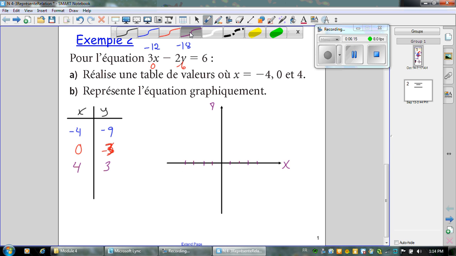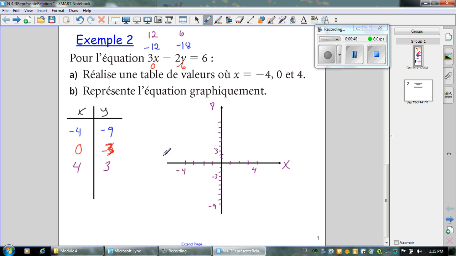And for y, let's do this the same, but going to 9. So 1, 2, 3, 4, 5, 6, 7, 8, 9, and negative 9 here. Negative 4 here, and 3 would be here, negative 3 here.